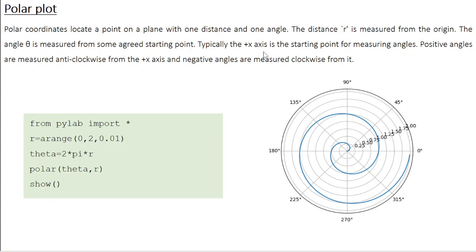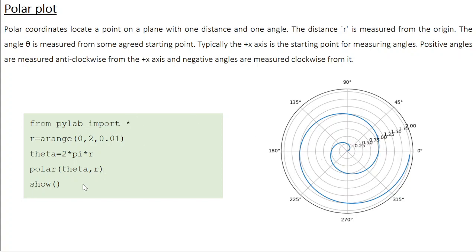Typically, the plus x-axis is taken as the reference direction for measuring angles. So positive angles are measured anti-clockwise from the plus x-axis, and negative angles are measured clockwise with respect to the plus x-axis. So that's the convention.